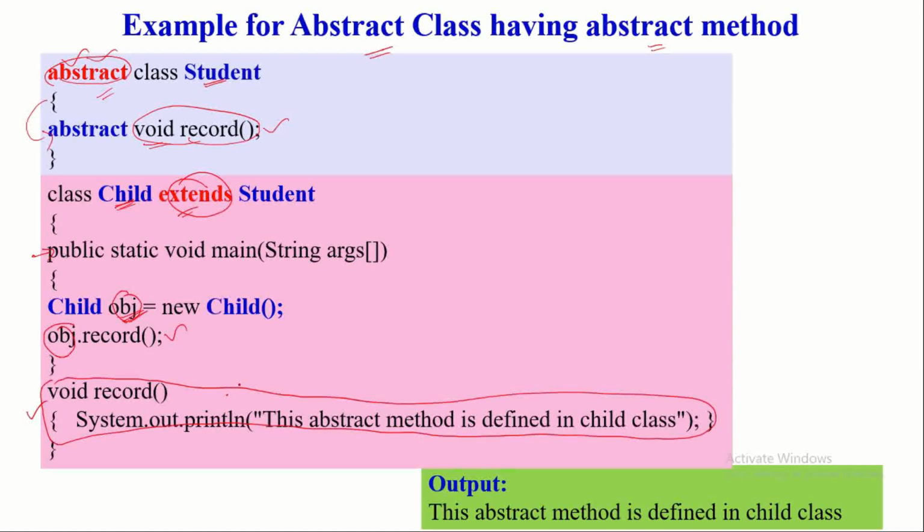The definition is provided for the abstract method inside the child class. So when this statement is executed, the definition which is provided in the child class will be executed. If this definition is not provided, then it will create an error.